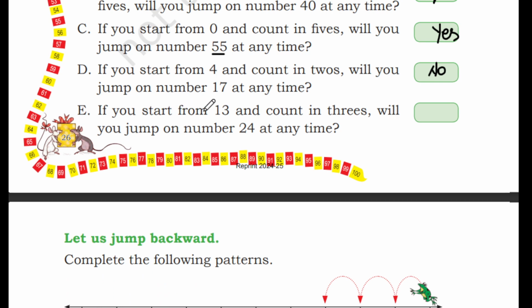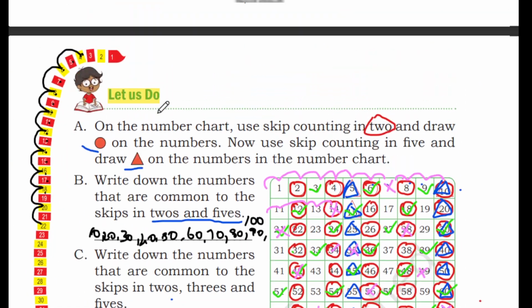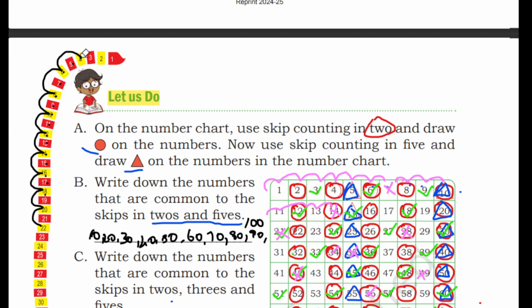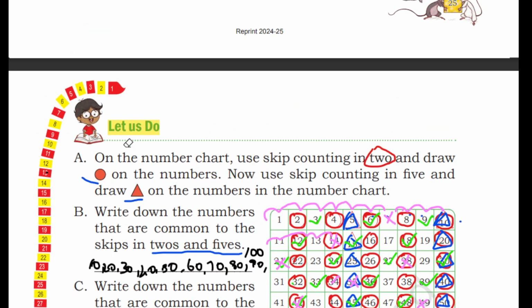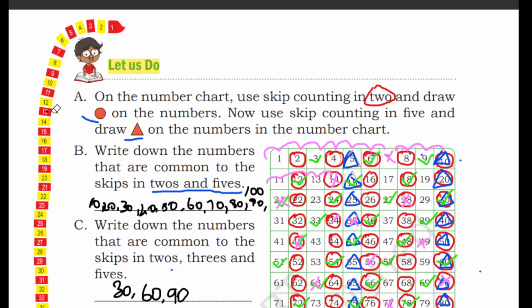If you start from 13 and count in threes, will you jump on number 24? So now again we will erase all these ones. Okay. So what they're asking, if you start from number 13 and count in threes. So where is number 13 here? So number 13, count in threes.